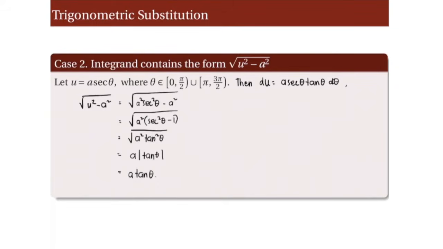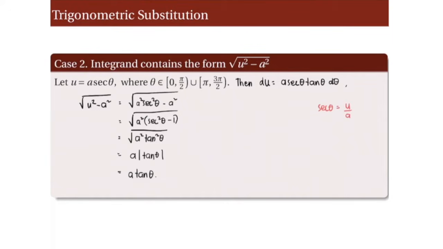How do we retrieve the rest of the trigonometric functions? So again, yung ginamit natin na substitution is u equal to a secant theta. So yung secant theta natin for this case is u over a, which is the hypotenuse divided by the adjacent side.